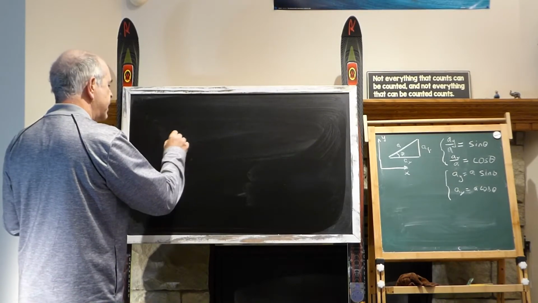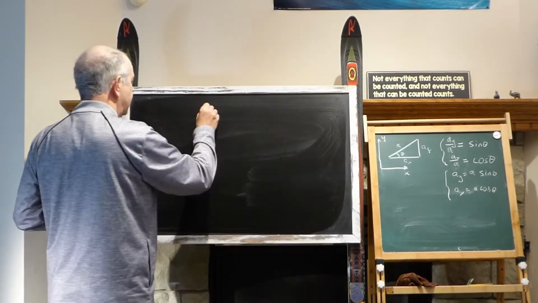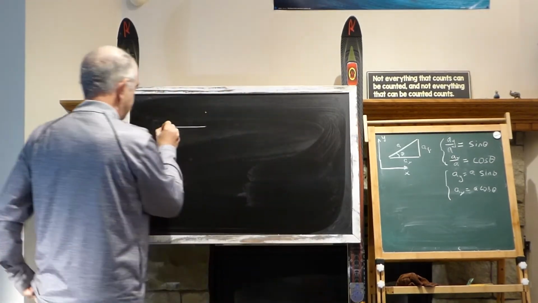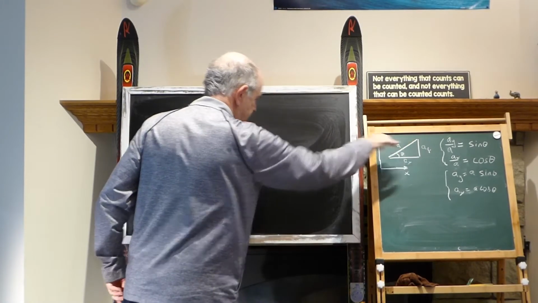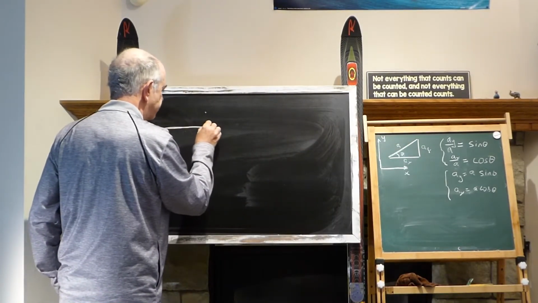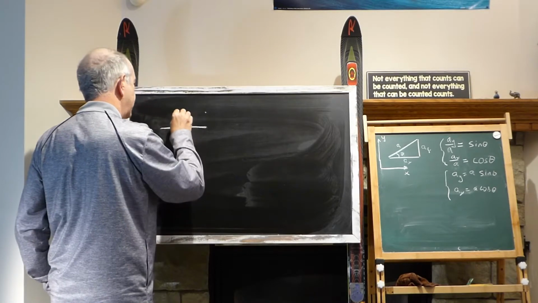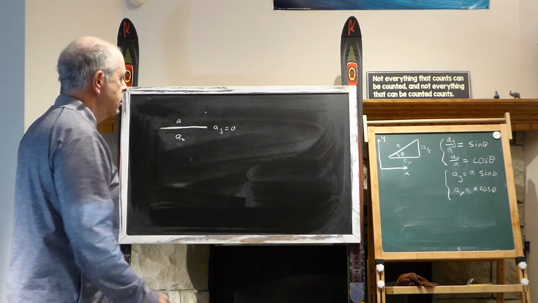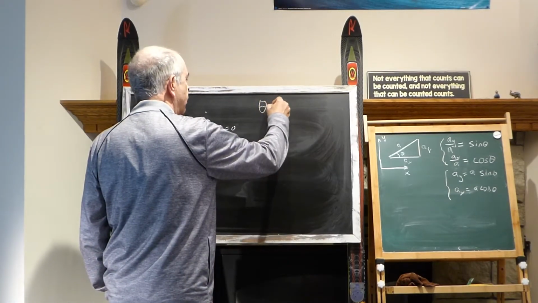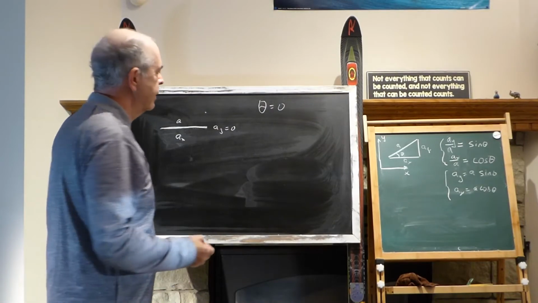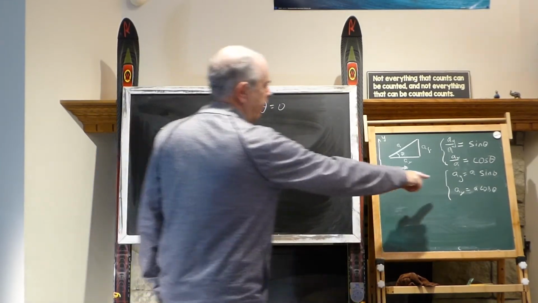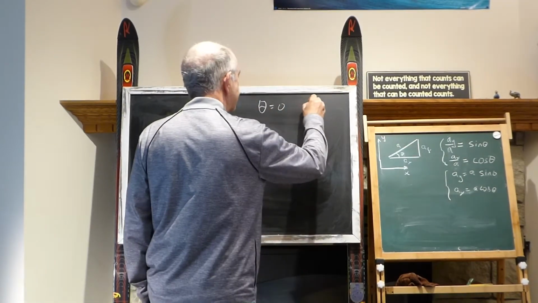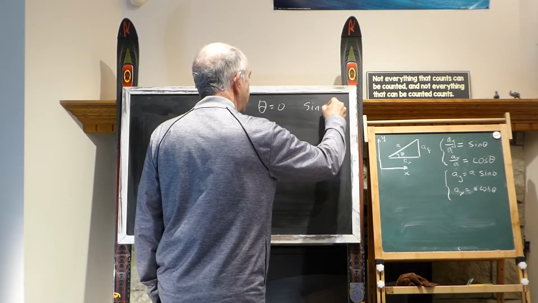So, for example, just looking at this triangle once again, if this angle theta is 0, that means this hypotenuse is the same as this. So AX would be A, and AY would be 0. So if theta equals 0, we have that AY is 0, and 0 divided by A gives that sine theta equals 0.